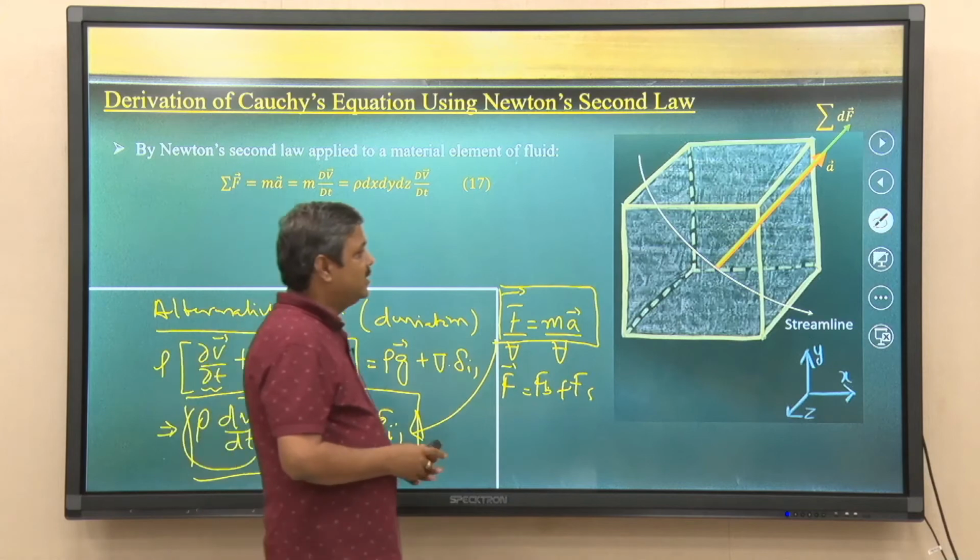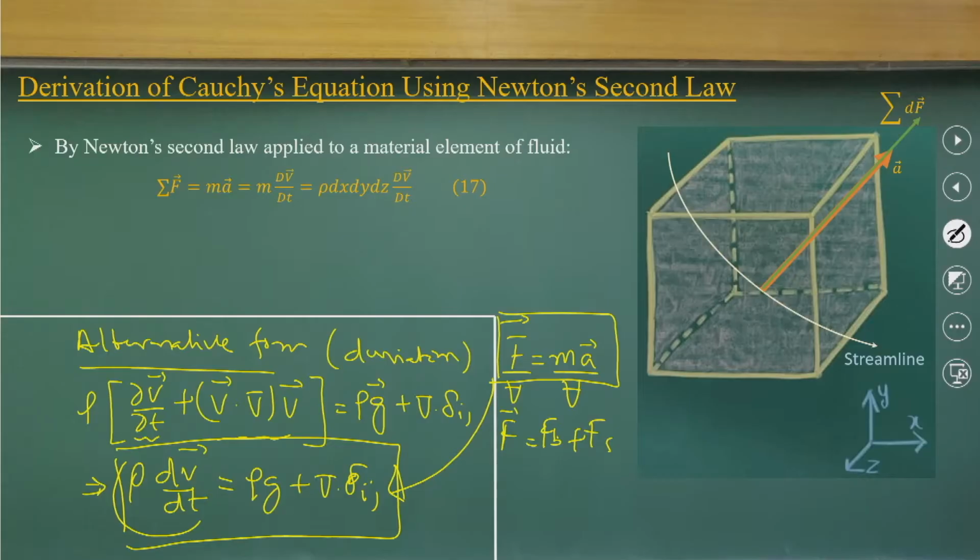Now, if you consider a big control volume, which is a movable control volume, it is moving, having velocity v and acceleration a, and we have the sum of the force components. So, it is a movable control volume having velocity v and also acceleration a.